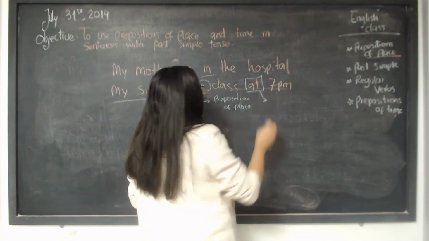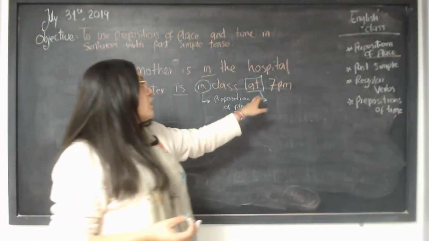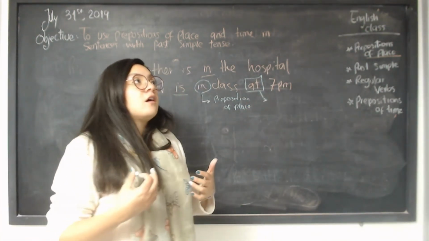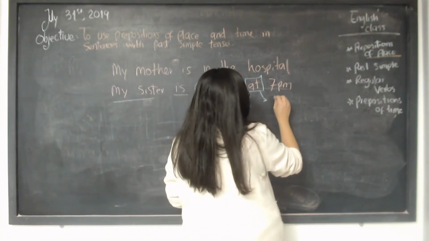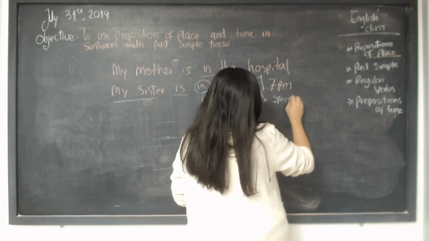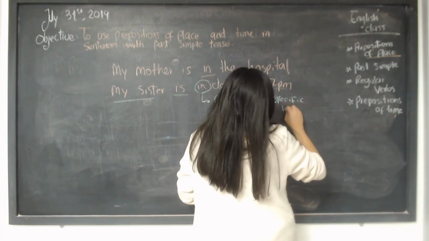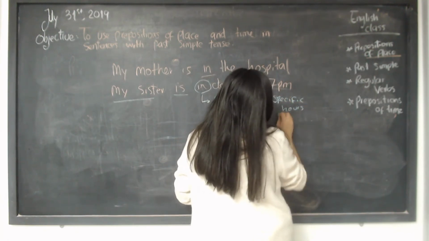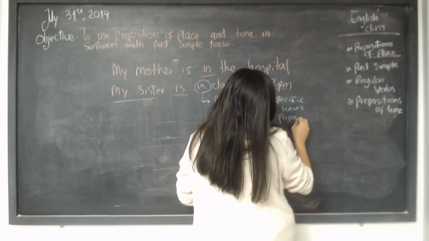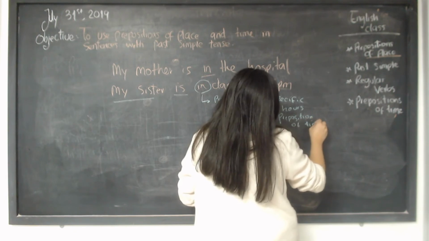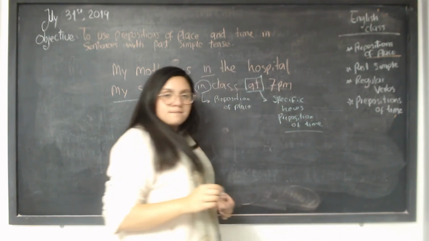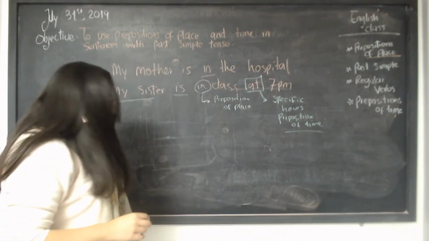At is a preposition of time, and remember that we use at when we are referring to specific hours. Acuérdense que utilizamos at con horas específicas. So we have preposition of time.